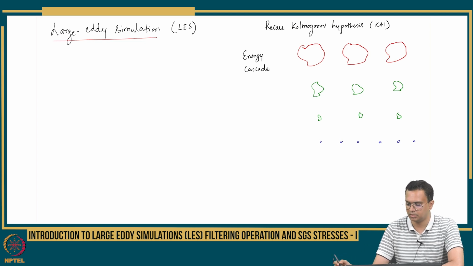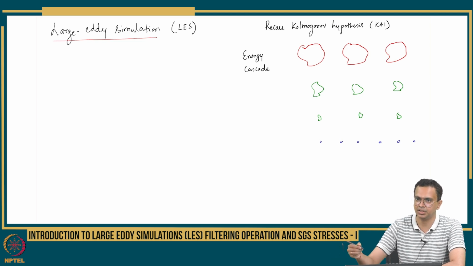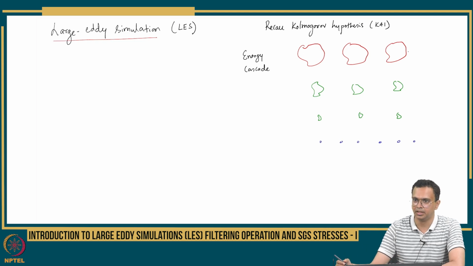So what we discussed there is that in the Kolmogorov hypothesis, it is considered that the large eddies, the integral eddies, are the places where energy injection occurs. These are the energy containing eddies, right?